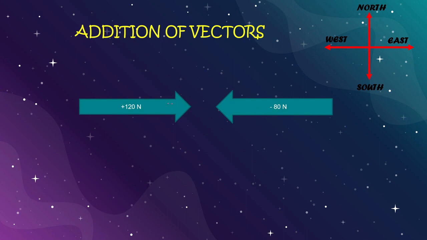In that case, they will get subtracted and the resultant will go in the direction of the largest force. It will be 120 minus 80, 40 newtons, and the direction will be towards east.